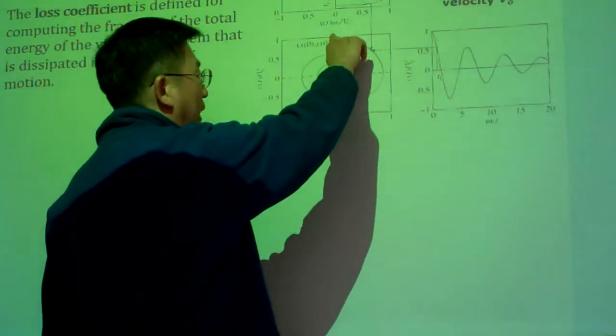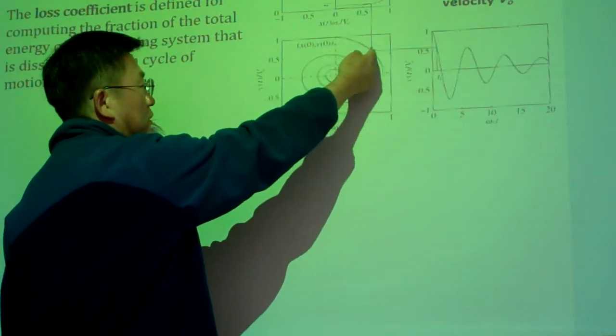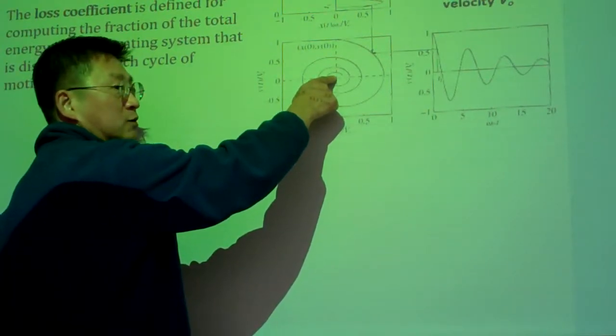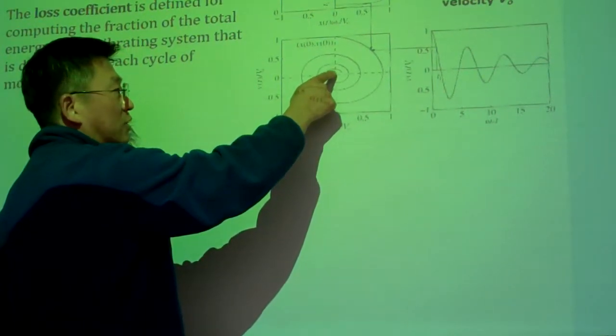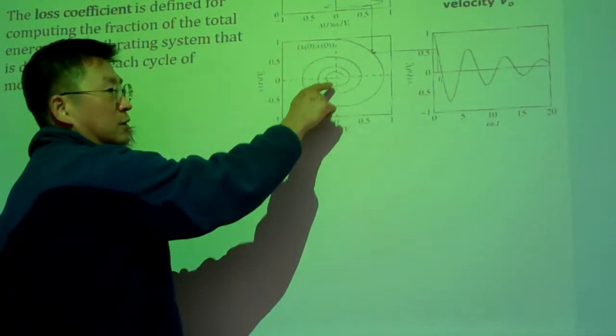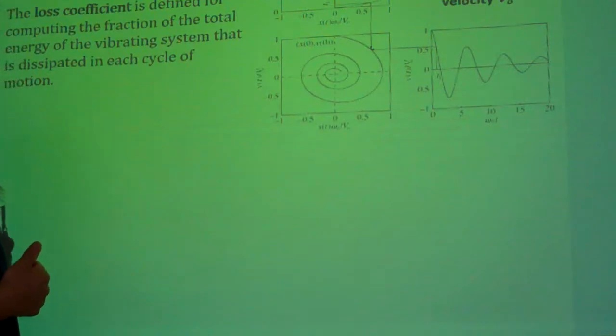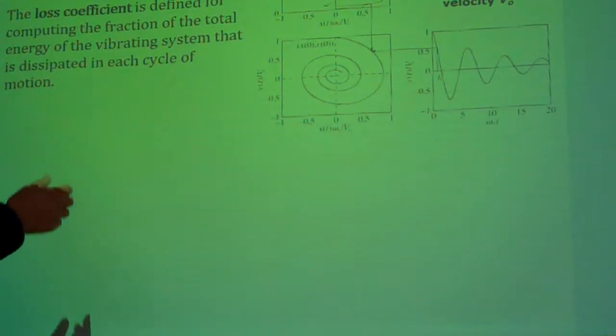In this case, from the initial conditions, we know it eventually converges to zero. So for damped vibrations, it will stop right at the origin, that means zero displacement and zero velocity. Okay, so that is the concept.